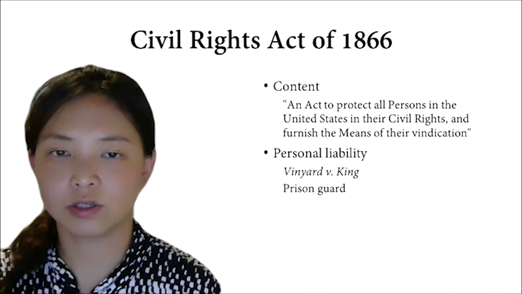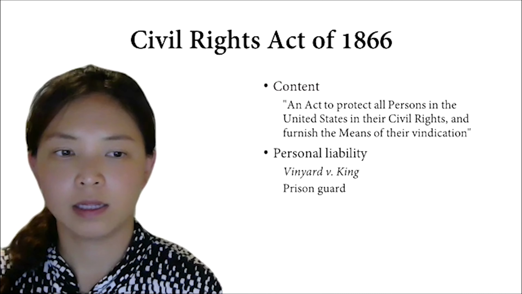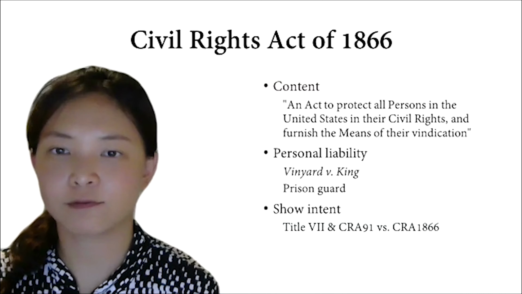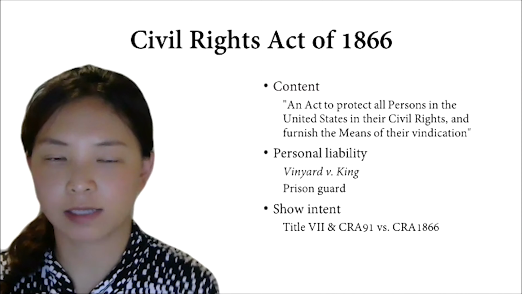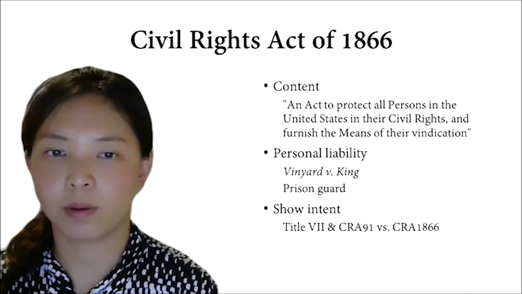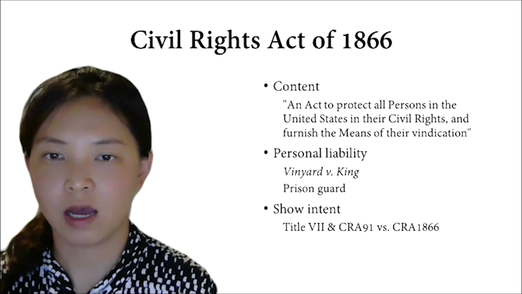In addition to this personal liability, the plaintiff does not have to show intent under Title VII and the Civil Rights Act of 1991 Amendment when punitive or compensatory damages are asserted.